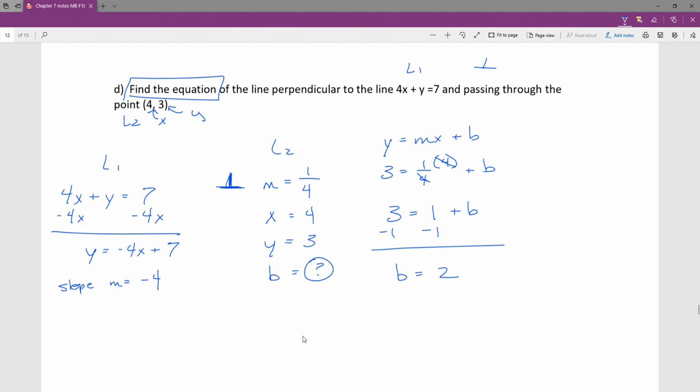I get that b equals 2, and the whole point here is that that 1/4 and that 2 are key because that really is what we need to write the equation of the line. We'd have that y equals 1/4 x plus 2 as the equation of the line.